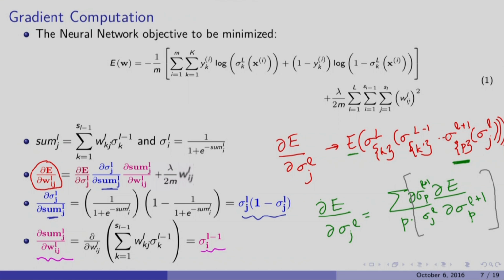However, based on this representation of the error function as a cascade or a composition of functions involving sigma, one would expect that the second component would further be a summation over some p prime of the partial derivative of e with respect to sigma p prime L plus 2 multiplied by the partial derivative of sigma p prime L plus 2 with respect to sigma at the L plus 1th layer with index p, and so on.